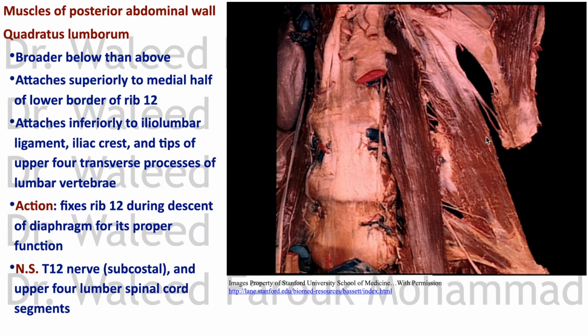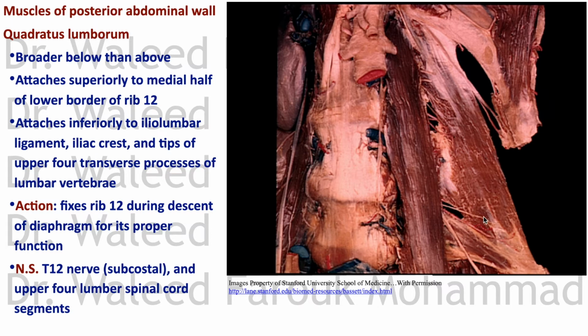See that? It has an oblique margin here, and it attaches to the medial side of the lower border of rib 12, and inferior to the iliolumbar ligament that extends between the transverse process of L5 and the iliac crest, and to the iliac crest, and to the tips of the upper four transverse processes of lumbar vertebrae.